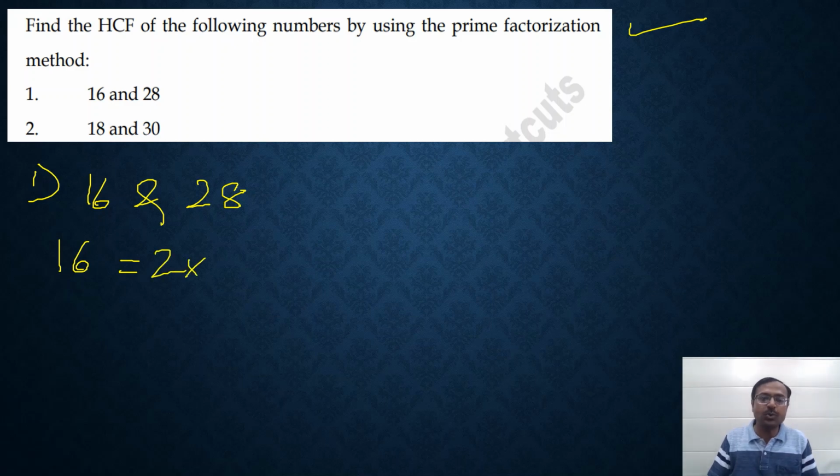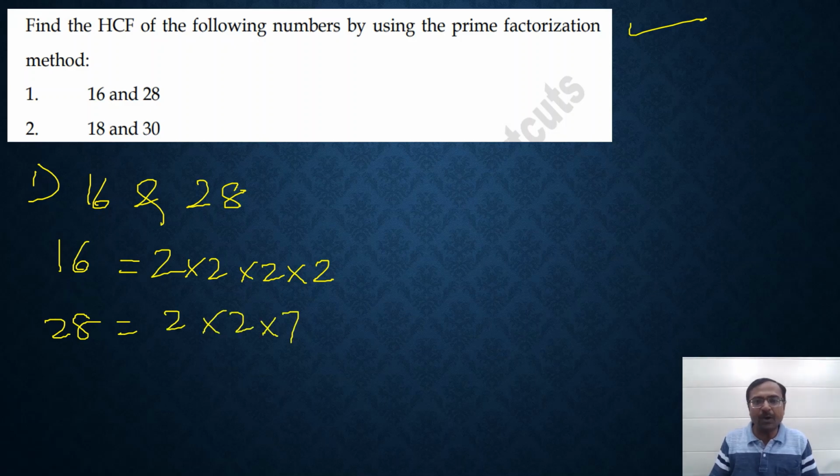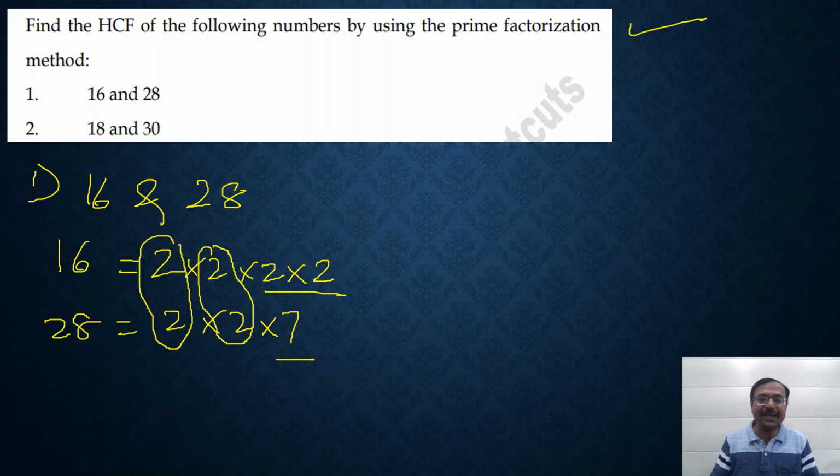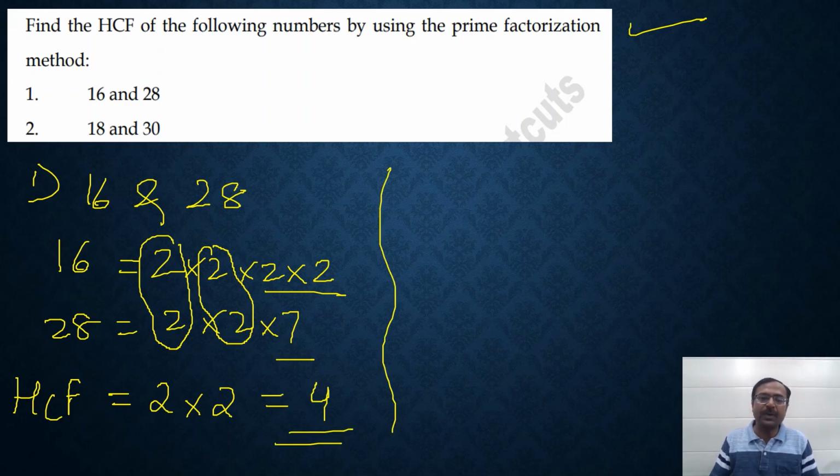So 2 times 2 times 2 times 2, that's 16, and 28 is 2 times 2 times 7. That's pretty obvious, right? And what are the common factors now? This 2 and this 2. These are the only two common factors because the others are not common, and therefore the highest common factor of 16 and 28 is 2 times 2. You have to take only the common factors between the prime factorization which you have done.